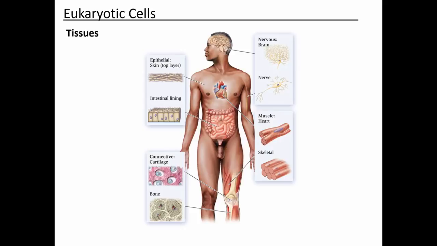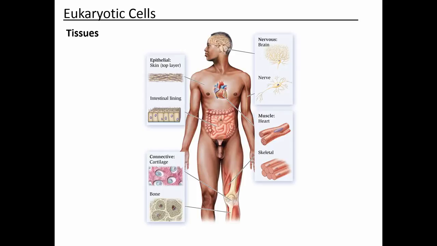Okay, so epithelial tissue are going to be these cells that are connected together to form these sheets, and they're connected together through tight junctions. And epithelial tissue covers and forms the lining of all your internal and external body surfaces. So your skin would be an example of epithelial tissue. The intestinal epithelial cells that line your intestine would be epithelial tissue.